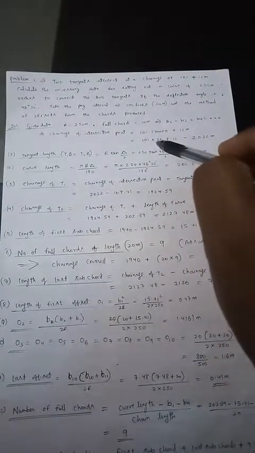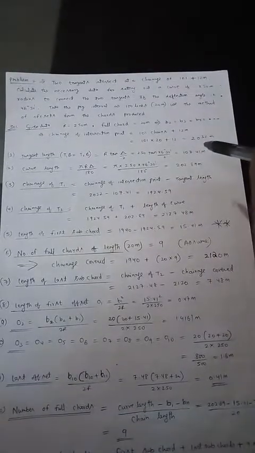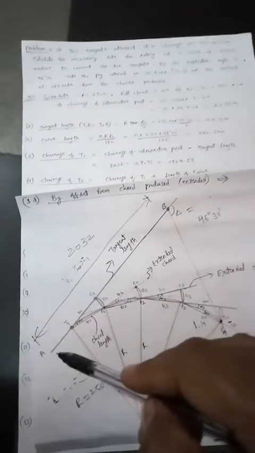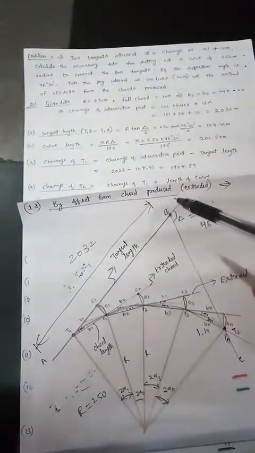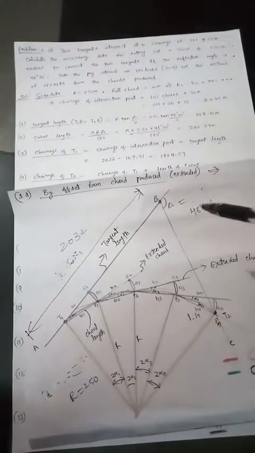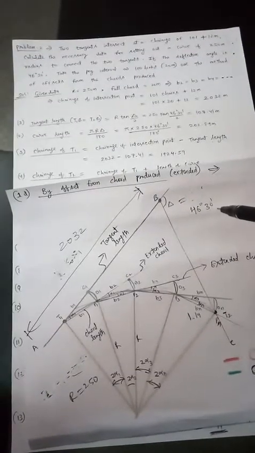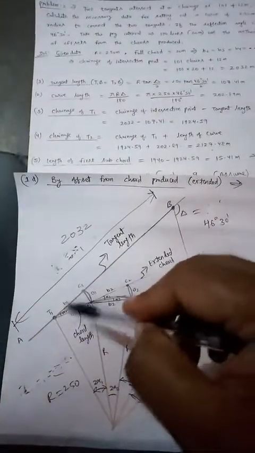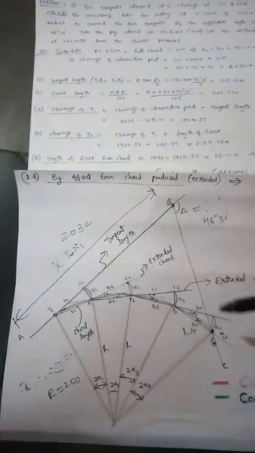By multiplying here, finally we will get the chainage of the point of intersection as 2032 meters. Radius is 250, and next the deflection angle is 46 degrees 30 minutes.